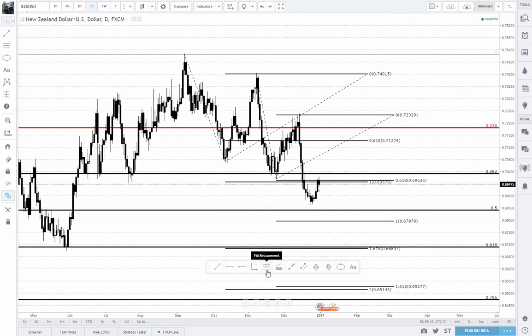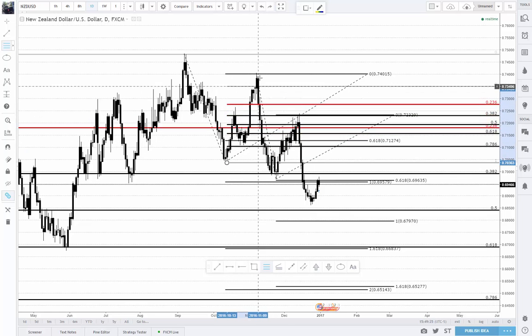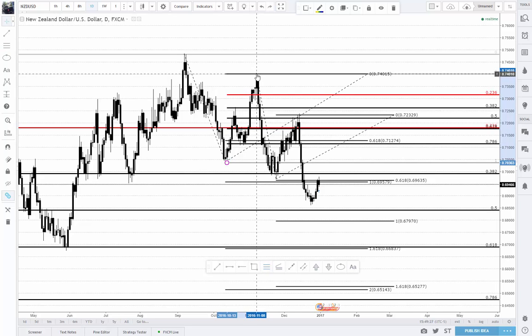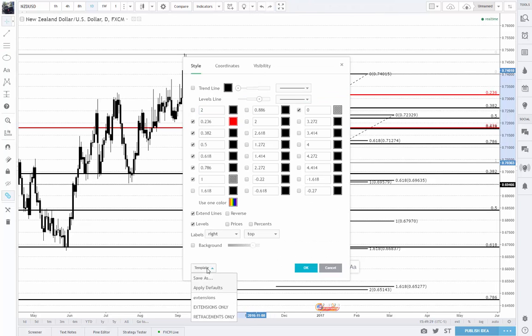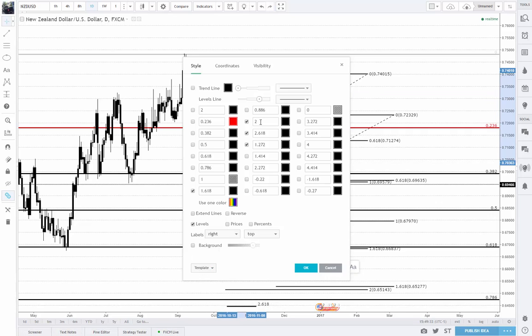Now we can take the same retracement tool, add extensions to it, which instead of it being 0.618, we're going to do 1.618. So we're going to draw this in reverse. So we drew that in reverse. I'm going to switch over. I got a template here, extensions only, which activates the 2.618, the 1.618.